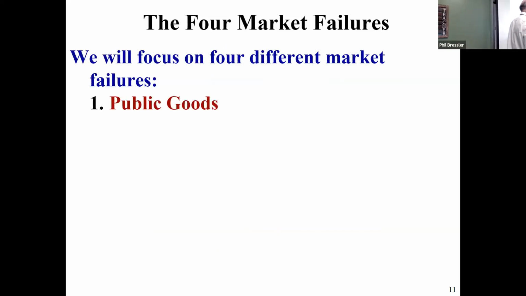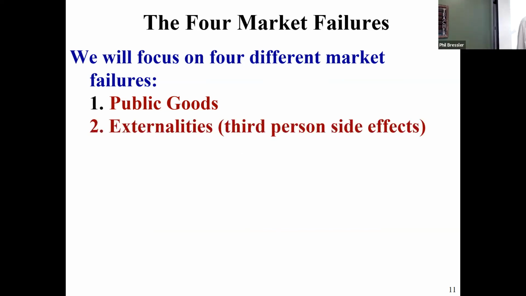1, public goods. All right, I used to teach public goods first, but kids like to go along with the chapter, so I'll go with externalities first. So an externality is a third-person side effect. So if I'm putting on fireworks and Holt's enjoying them from his house, has he paid anything for them?